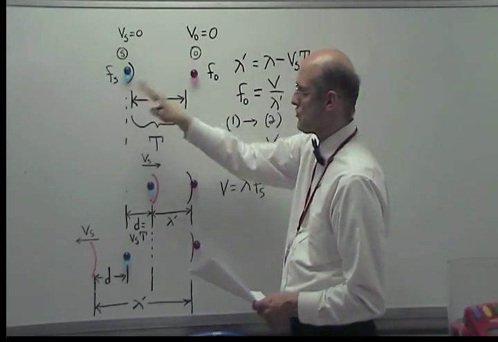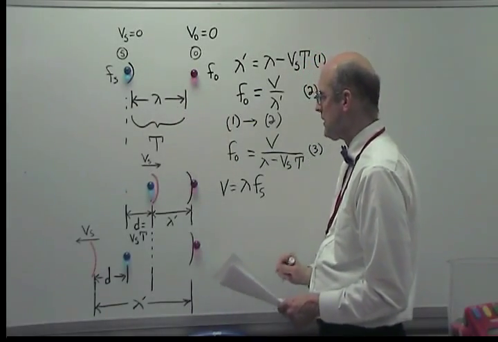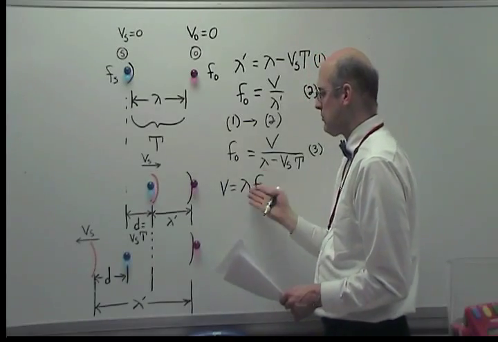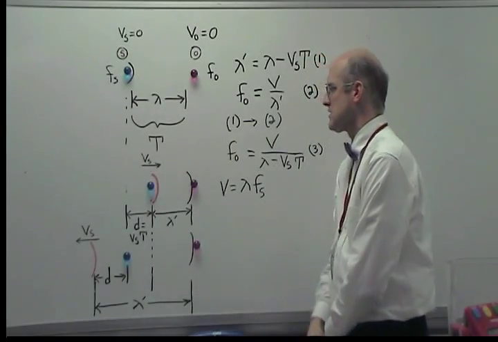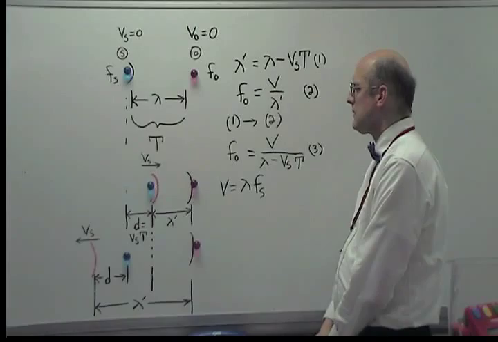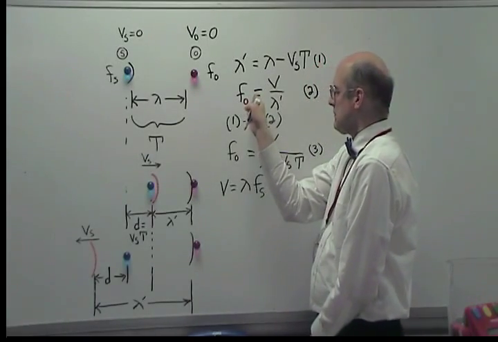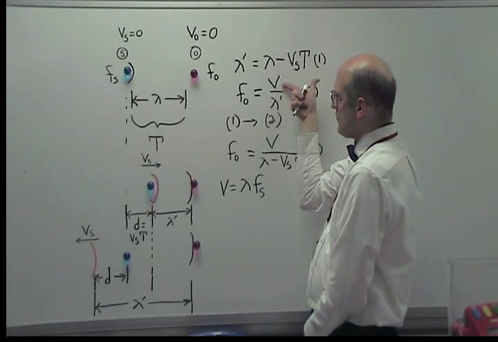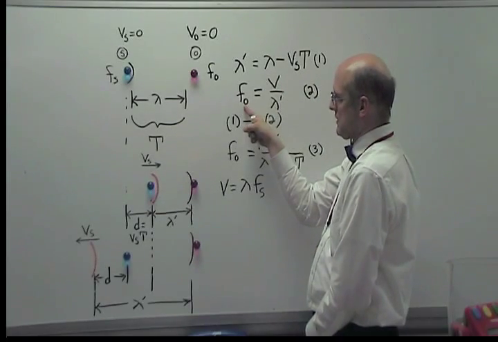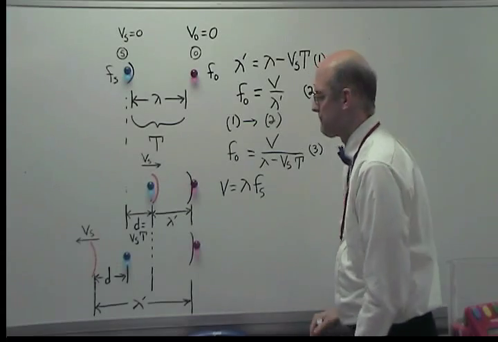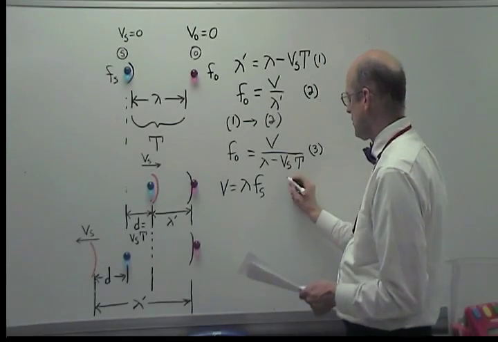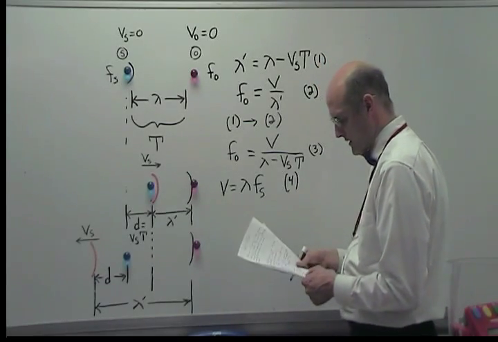When the observer and the source are at rest relative to each other, the frequency of the source multiplied by this wavelength should be the speed of sound. When the source is moving, the speed of sound v would be equal to the observed frequency times the new wavelength. This equation I'm going to call equation 4.